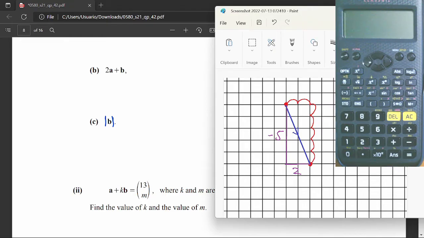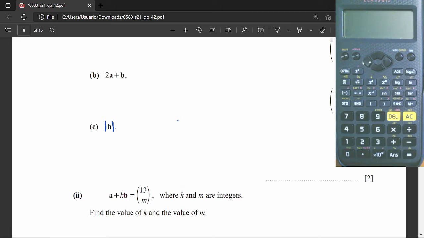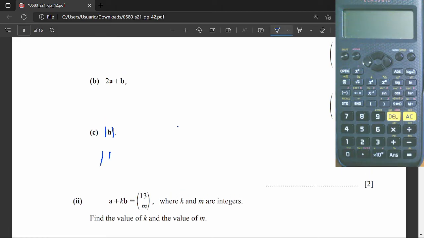But it doesn't matter if it's negative or positive, because with this right angle triangle, we use Pythagoras to work out the hypotenuse, which is also the magnitude. We square the numbers, and when we square a negative, it becomes positive. So on our paper we write the magnitude of b equals the square root of 2 squared plus, if you do put the minus, make sure you put it in brackets.